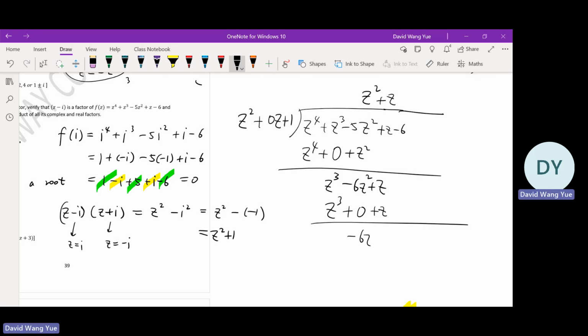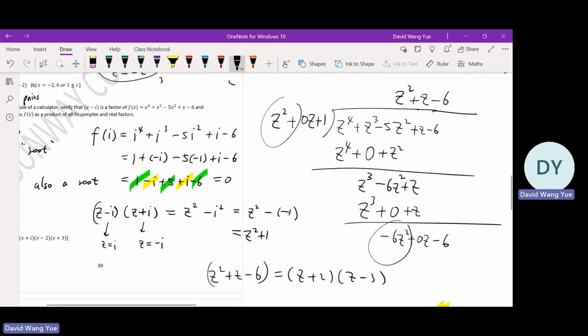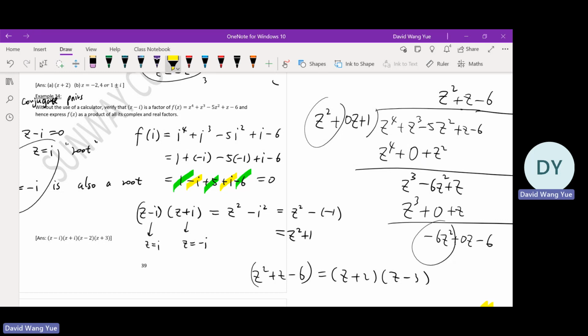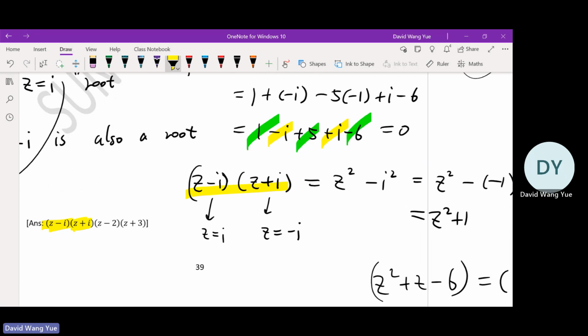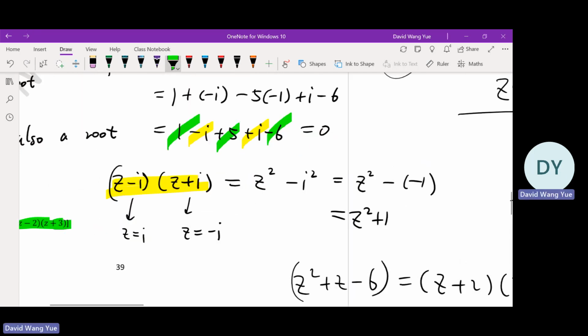So then you got negative z squared plus 0z minus 6. That's why the last one, negative 6z squared divided by z squared is negative 6. So z squared plus z minus 6, if I factorize, is z plus 2, z minus 3. That's why the 4 factors are z minus i, z plus i, and then the 2 real factors, z minus 2 and z plus 3.